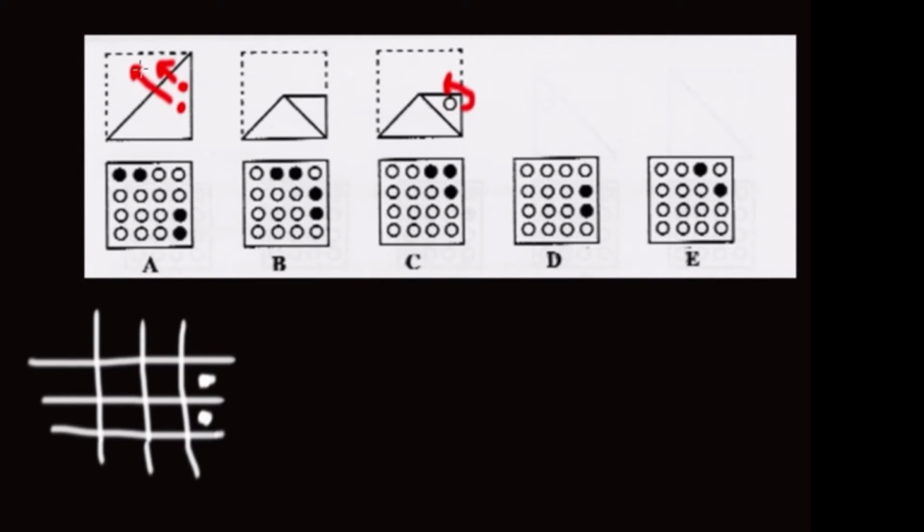They go across the diagonal, which can sometimes be confusing for people, but if you just keep that in mind, then you shouldn't have any problems. So unfolding it from there will give you a hole here and a hole here, giving the correct answer to be B.